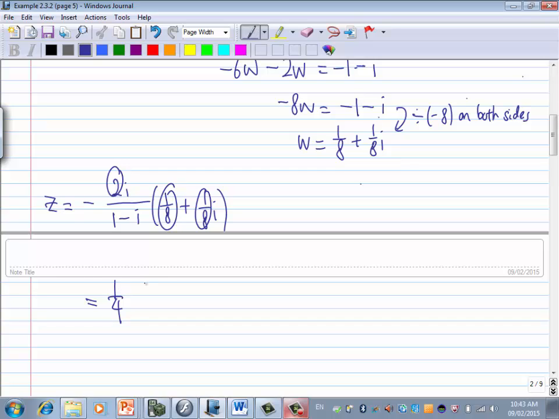After that, now I have negative I over 1 minus I, times 1 plus I. So that at least the computation later will not be so tedious.